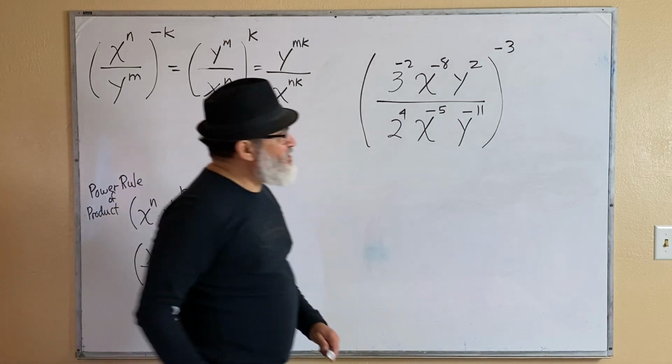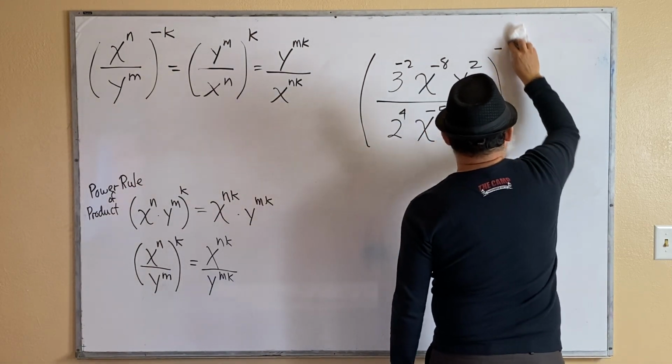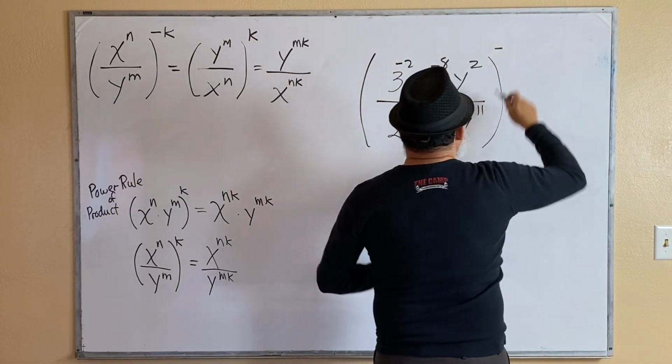Let's make it smaller, negative 2, just to make it smaller. There you go.